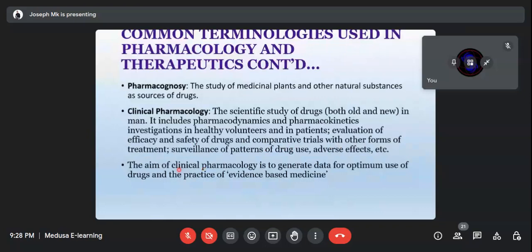Its aim is just to generate data for optimum use of drugs and the practice of evidence-based medicine. By evidence-based medicine, they simply mean, take for instance, a certain company produces a drug, supplies it, and then people start taking it. Maybe let's say three-quarters of the people who took the same drug have been affected.